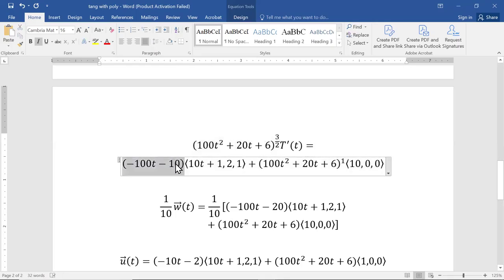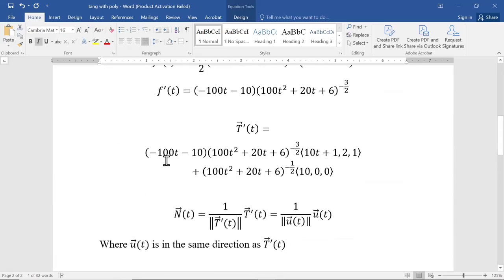Notice this piece kind of was left the same. Because when I multiplied by that, it got rid of this, and gave me 100t squared plus 20t plus 6 to the first power in front of the 10, 0, 0 vector.